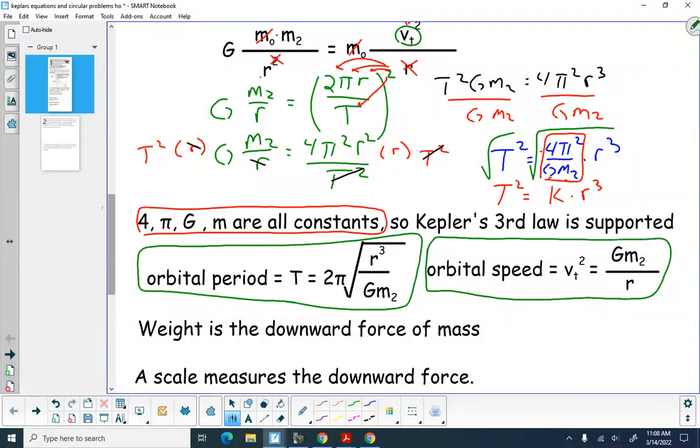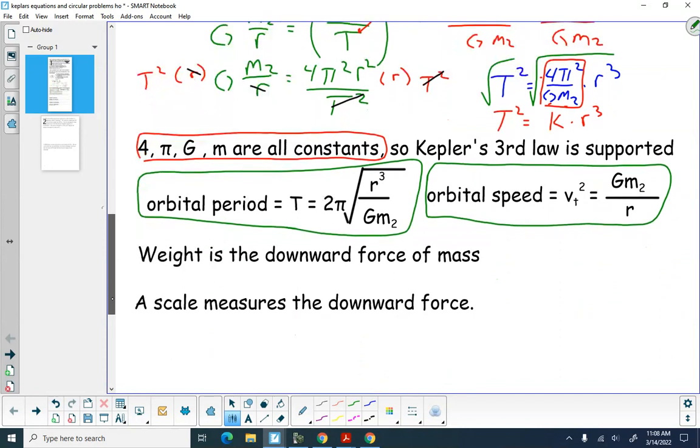Orbital speed can be calculated by the square root of G m2 divided by my radius. Once again, those are two things I would add to your equation sheet.